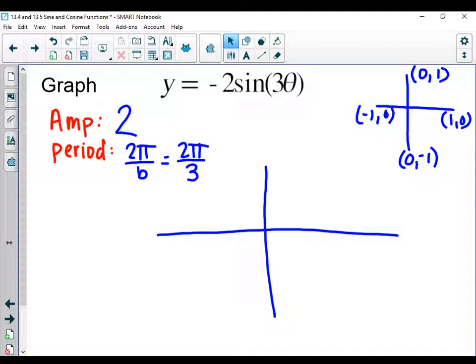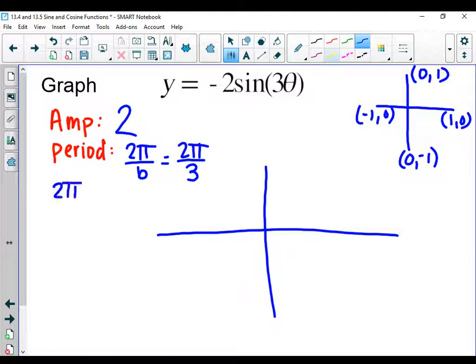Okay? So what I'm going to do is take the period of my function every single time, and divide it by 4. Why 4? I've got 4 things going on over here with my zeros and ones. You notice how when we set up our original graph, we had pi over 2, pi, 3 pi over 2, and 2 pi.